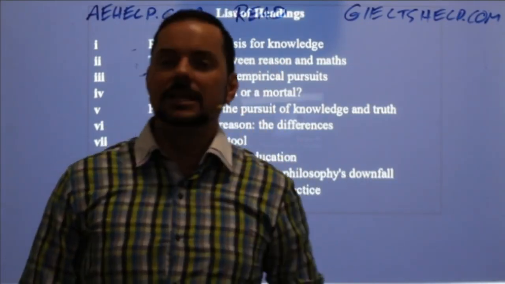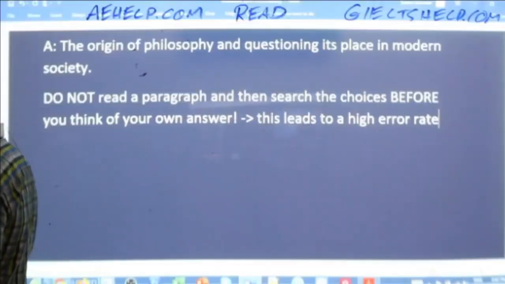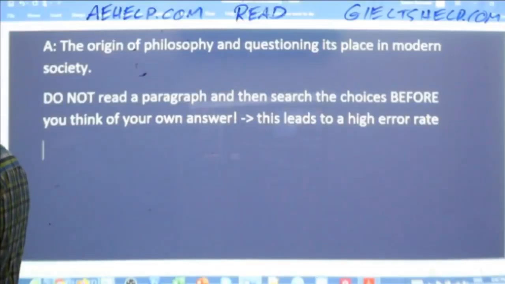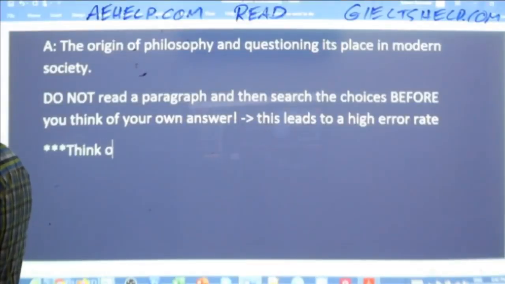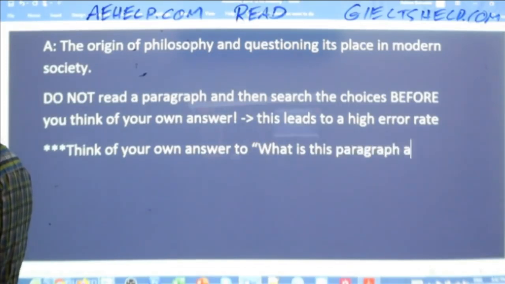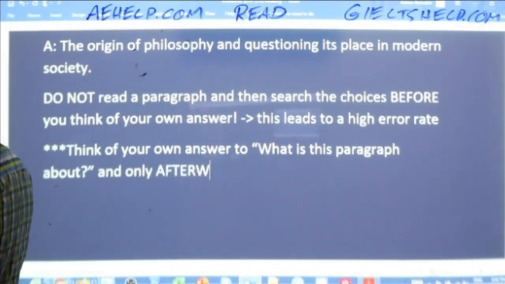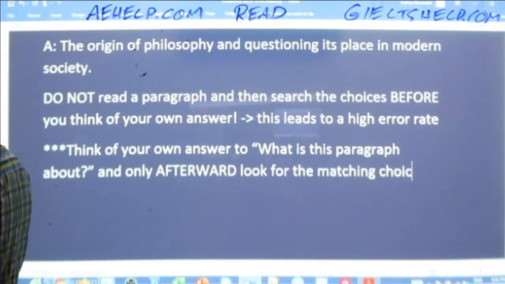Is that clear? Okay? I really want everybody to be 100% clear on that. Think of your own answer to what is this paragraph about, and only afterward look for the matching choice.